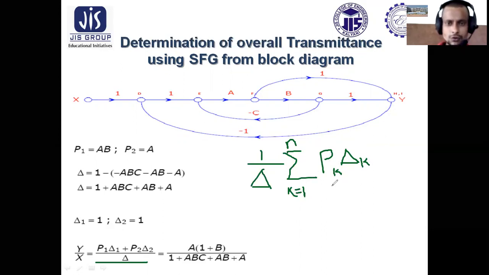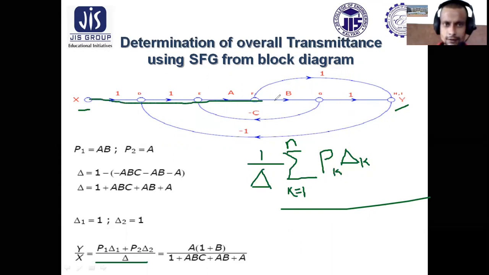What we are going to do is apply this formula to get the overall transfer function. As we know, k is an integer that varies from 1 to n, where n is the number of forward paths. What are the forward paths? The paths connecting the input and output nodes are known as forward paths. So what are the possible forward paths here? See, this is one forward path.